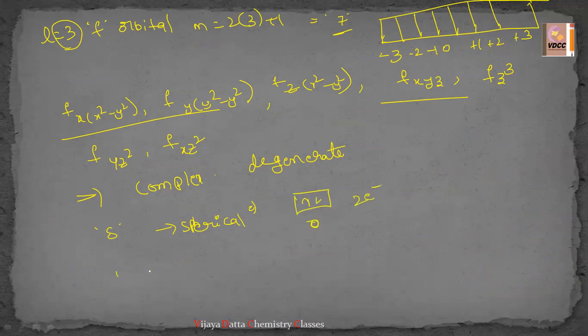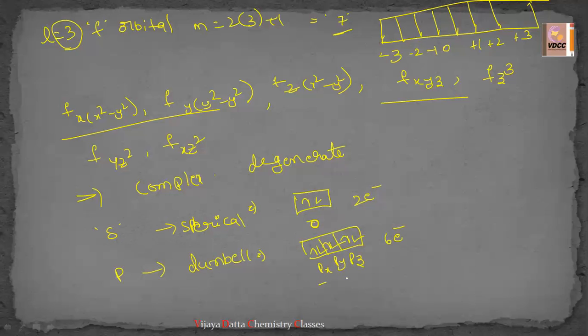When we come to p, it is a dumbbell shape. It has three degenerate orbitals: px, py, pz, and each orbital can accommodate two electrons. So the total number of electrons here is 6, and its values are minus 1, 0, plus 1. This is the total information about the p orbital.